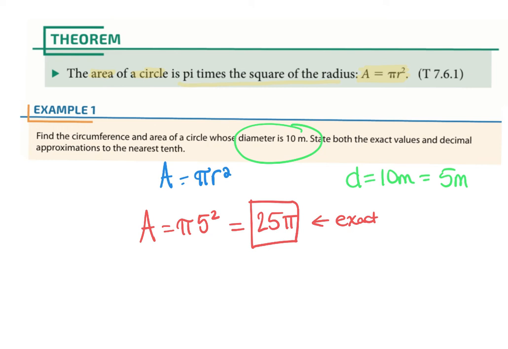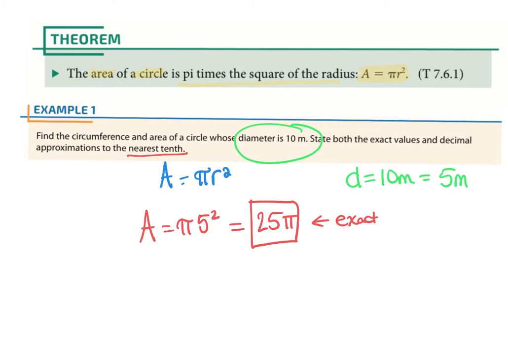All right. If I want the decimal approximation to the nearest tenth, you're going to go into your calculators. You're going to say 25 times pi. All right. And so pi sometimes on your calculator will be a button that is already there. Sometimes you'll have to use a shift or a second depending on what you have. All right.